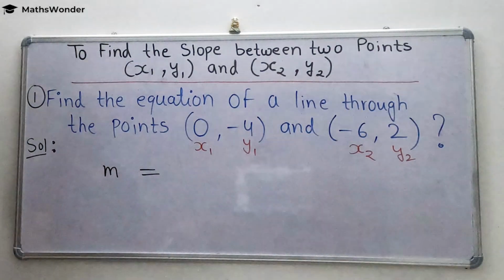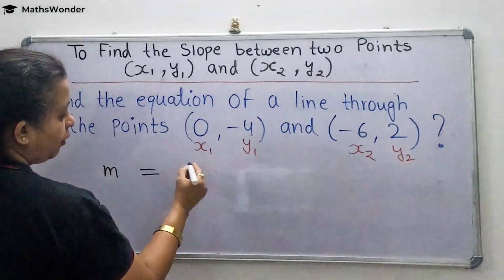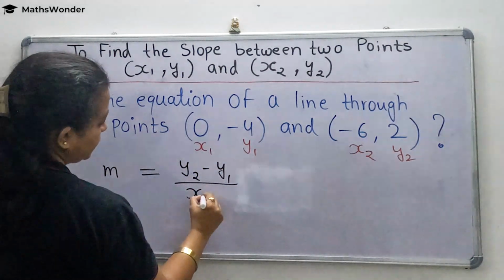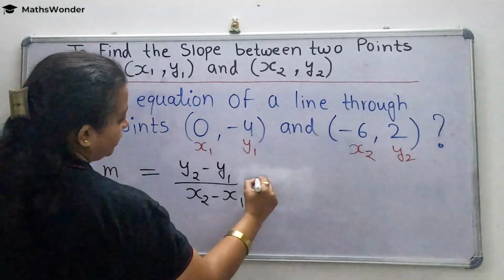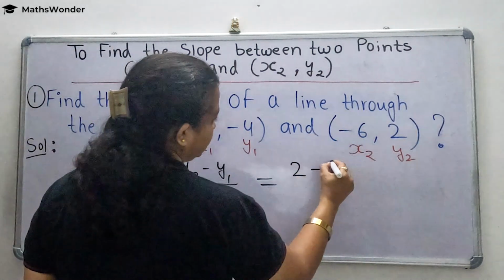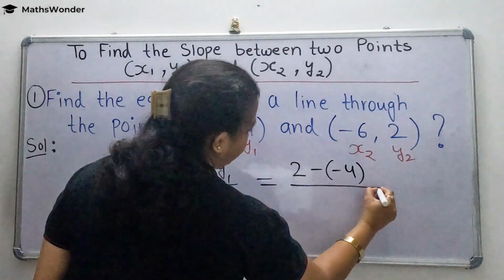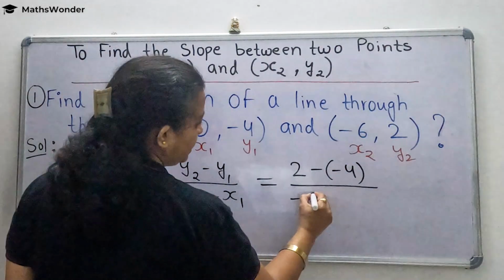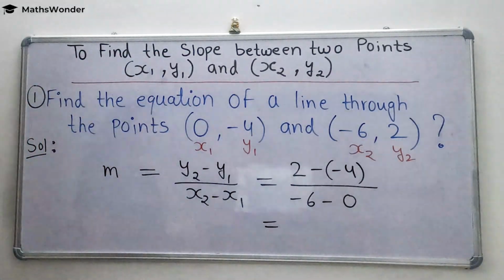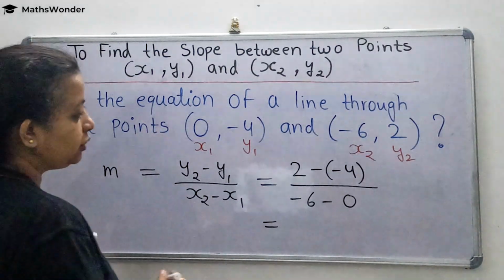Okay, now what was the formula? y2 minus y1 over x2 minus x1. You will substitute the values. y2 is 2 minus 4. Now x2 is negative 6 minus 0. You will simplify and get the slope of the given two points.